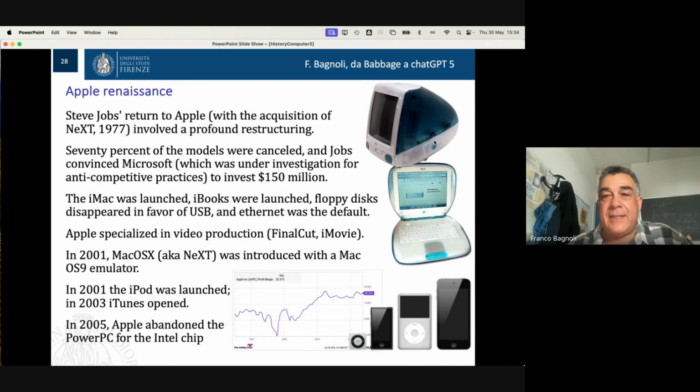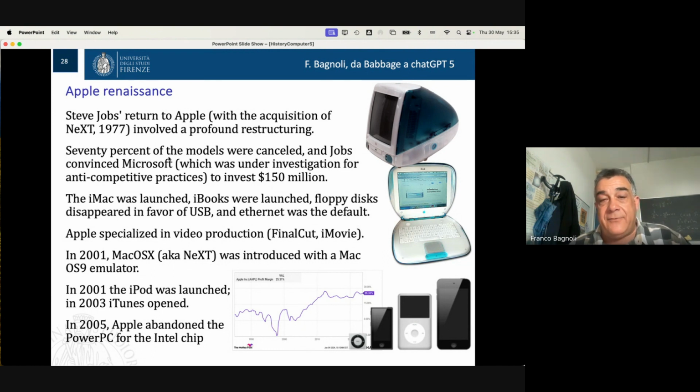For instance, the iMac, which looked like an old style television, the iBook, which seemed like a toy in some sense, all with colored plastic and so on, and clearly with all kinds of revolution. No floppy disk, only USB, as usual.